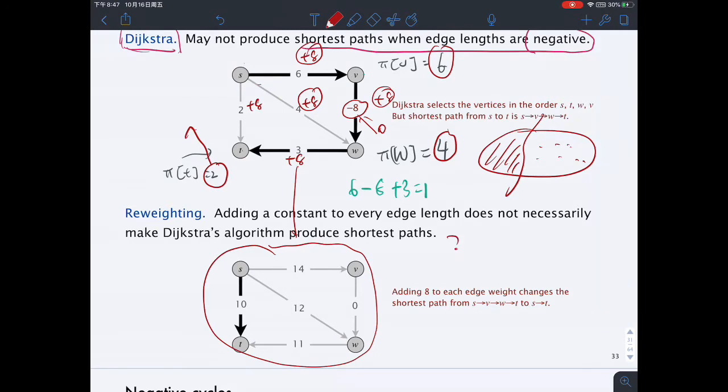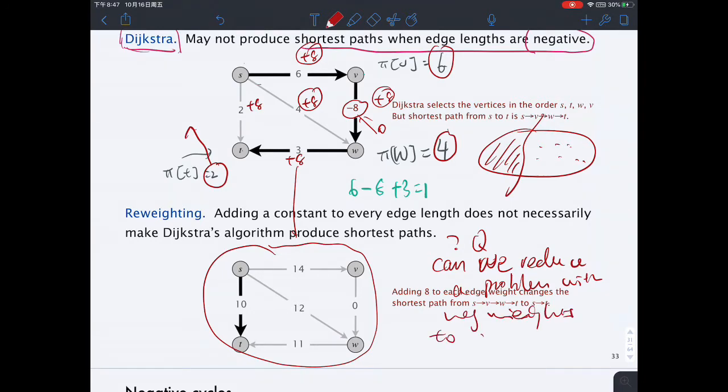So we actually come up with this graph, right? After we come up with this graph, we were hoping that we can reduce, that's the question we have here, can we reduce the problem with negative weights to a problem without negative weights?